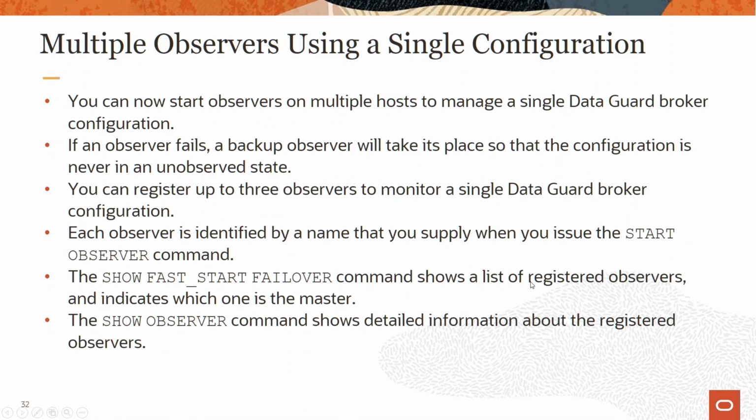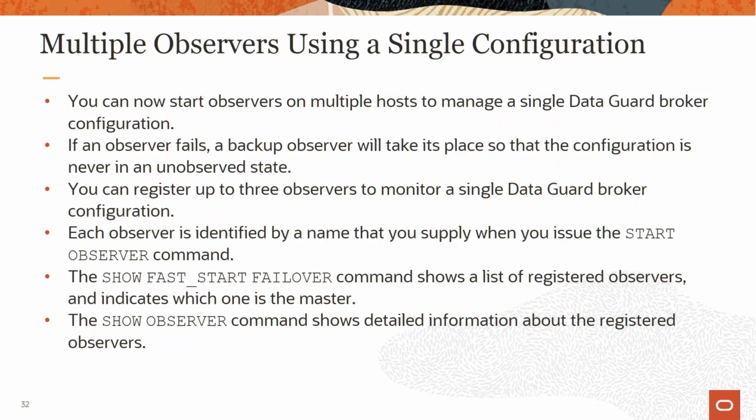Also, you can start more than one observer in a single configuration. You can start the observer in multiple locations, but only one of the observers is active. The other observers will be placed in backup mode.